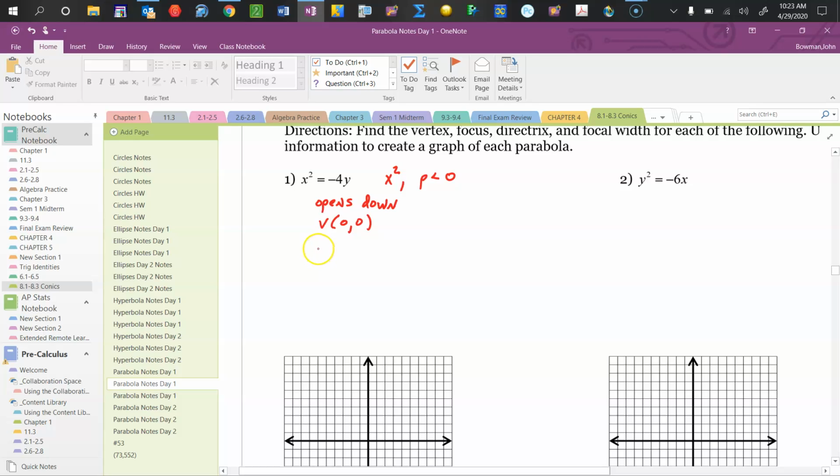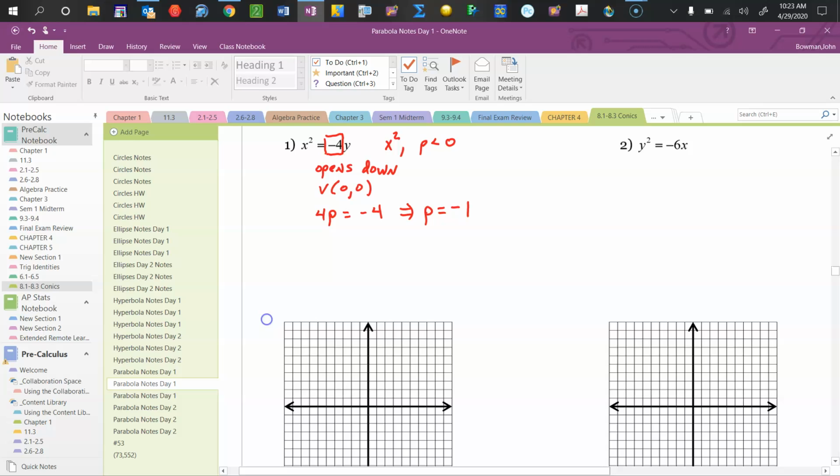I notice that 4 times p, the value out in front of the term that is not squared, is equal to -4, which tells me that p is equal to -1, and therefore I can go ahead and start graphing this. So I've got a vertex at (0, 0). I know that it opens down, and I know p is equal to -1.